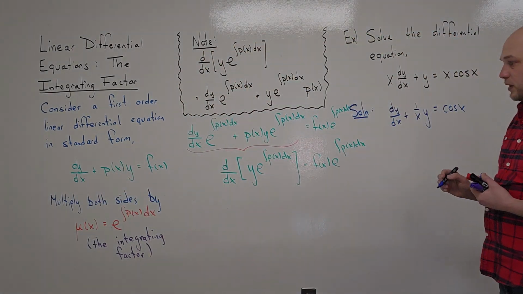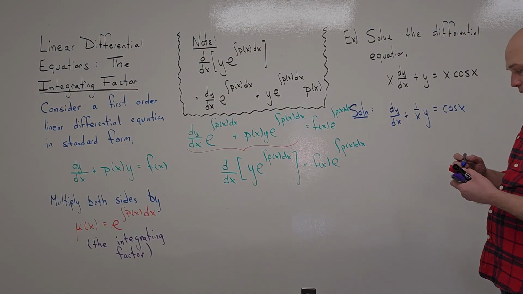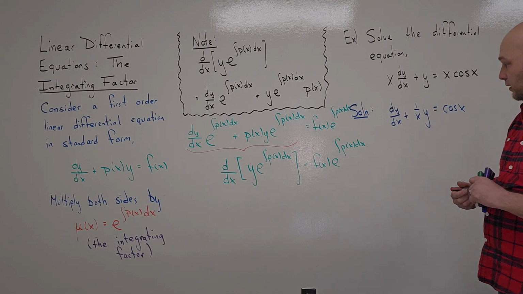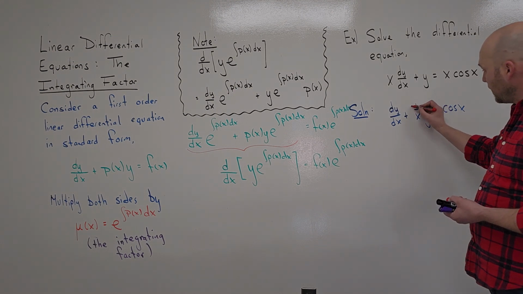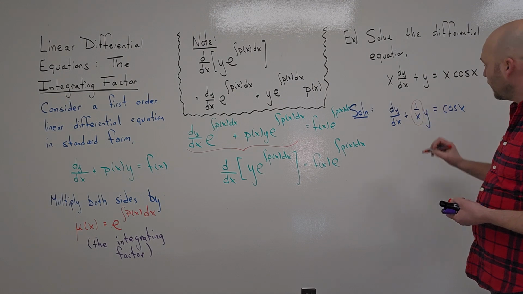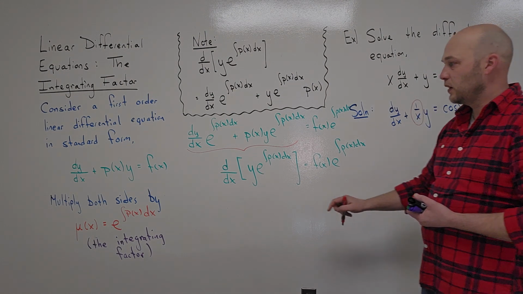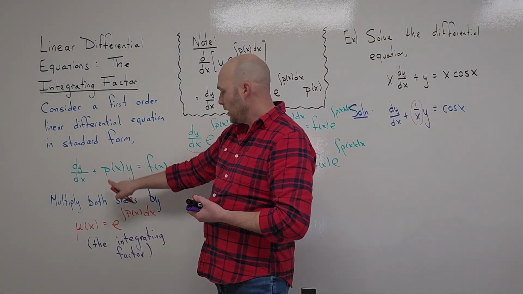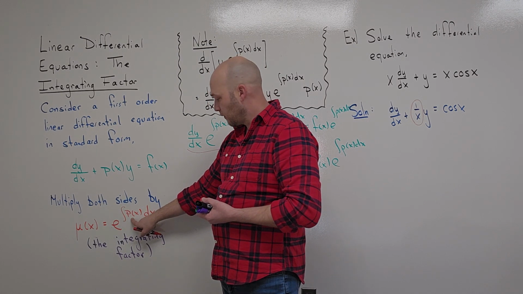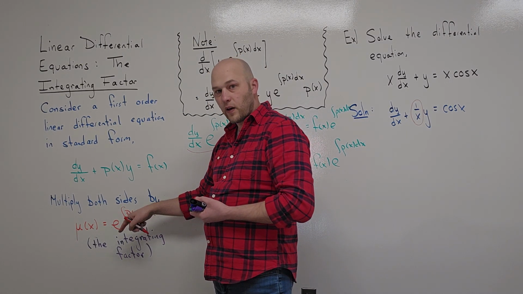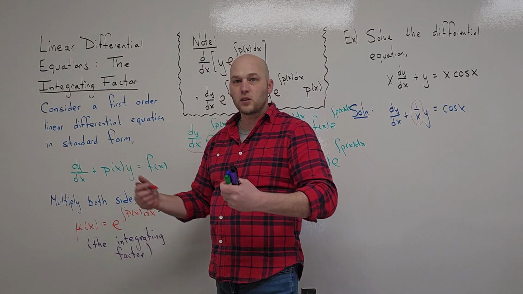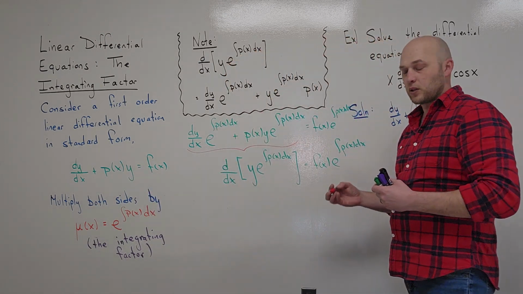What I have to do then is multiply by the integrating factor, so let's find it. Remember that p of x is the coefficient of y, and that's what I use inside the integrating factor. I take the antiderivative of it, and that's the function inside of the exponential.